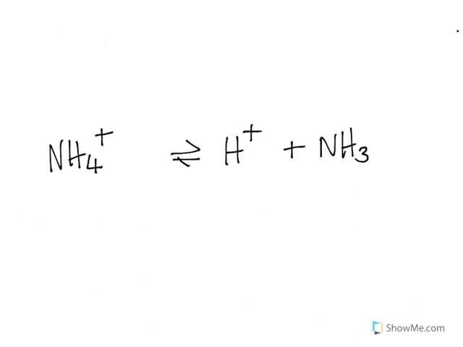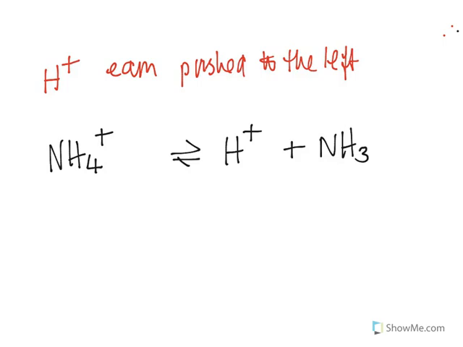And this works in a very similar way. So if acid gets added to this buffer by way of hydrogen ions, what we see is that the equilibrium gets pushed to the left to form more NH4+, thereby removing the hydrogen ions that we've added as an extra thing.